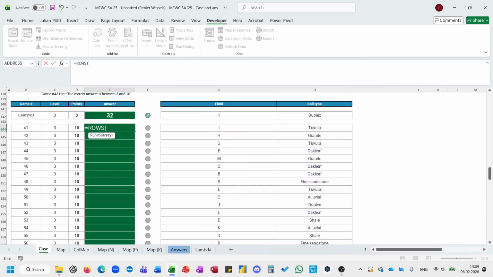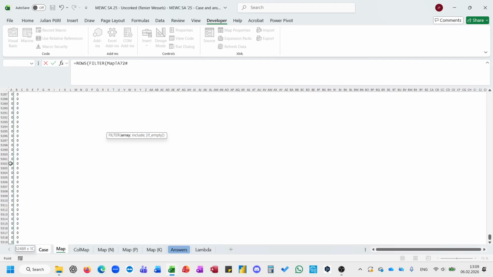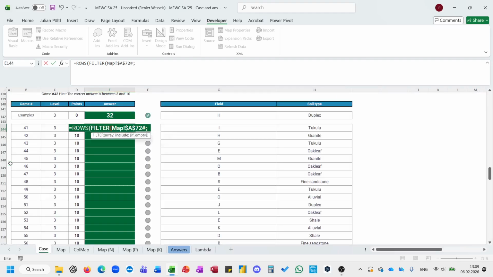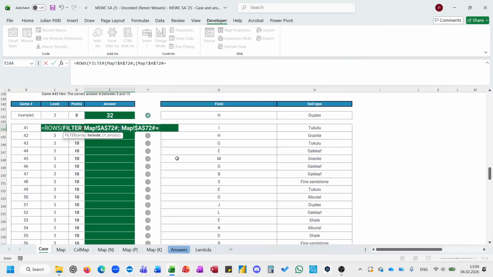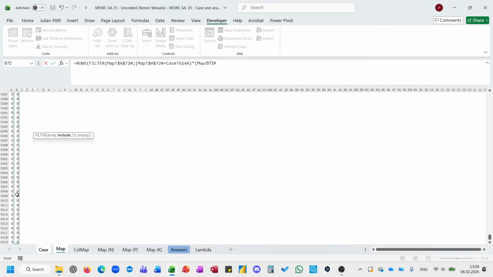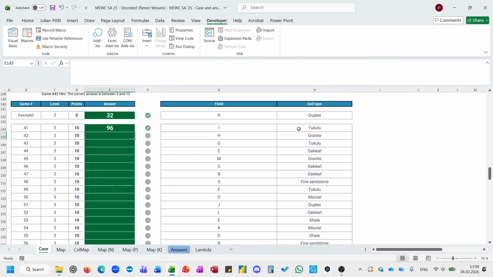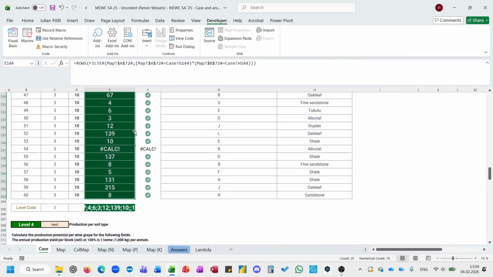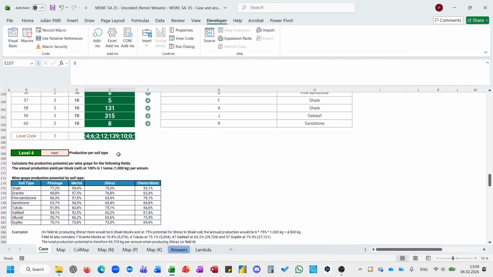Equals ROWS FILTER when this field here is this, and this field here is the searched terrain type. Right? Calculation error? Yeah, 0. Okay, so far so good.